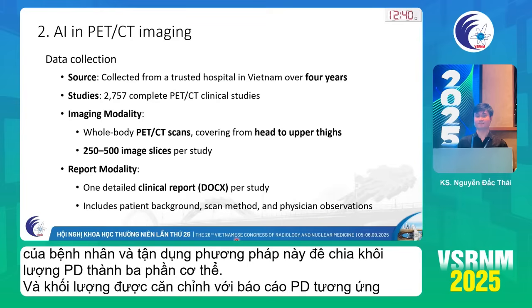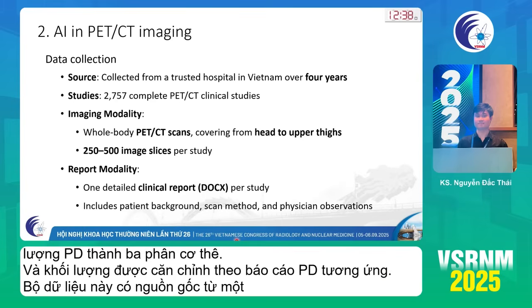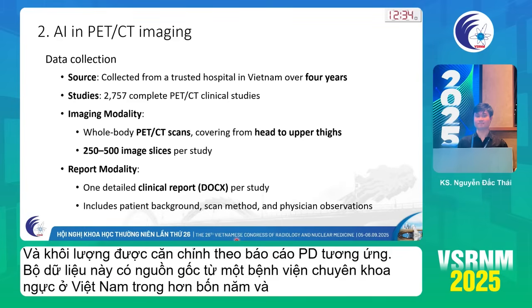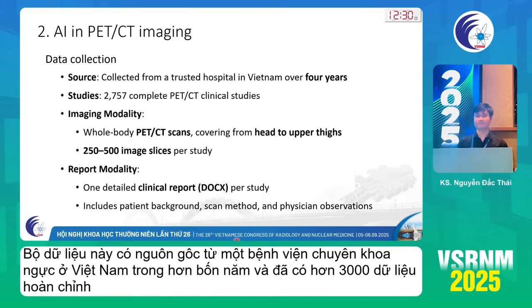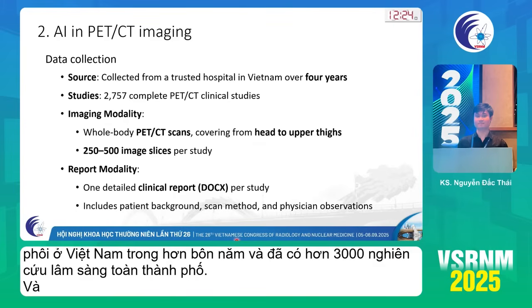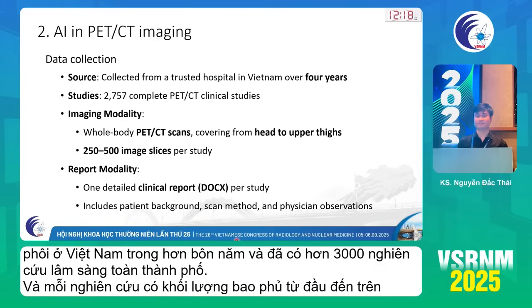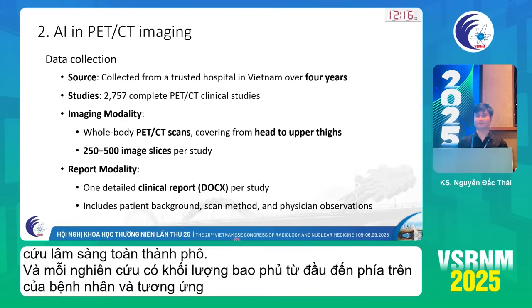This dataset is sourced from a trusted hospital in Vietnam over four years, and it has over 3,000 complete PET-CT clinical studies. Each study has a volume covering from the head to the upper thigh of the patient and a corresponding well-structured report.